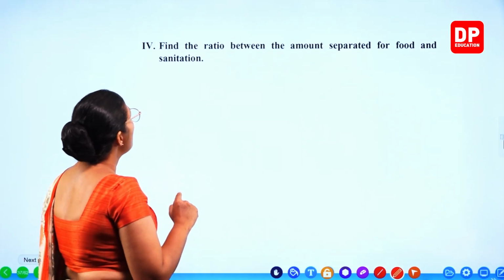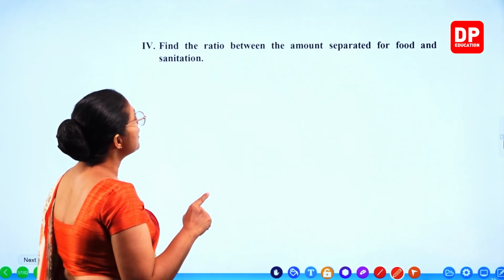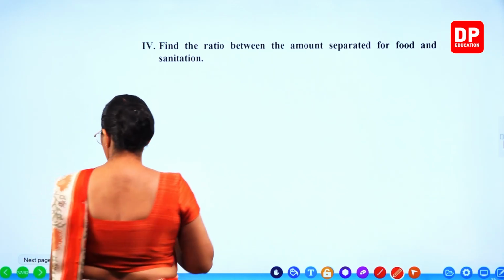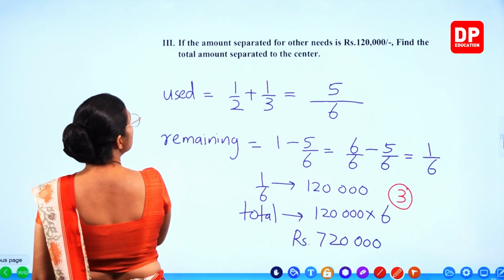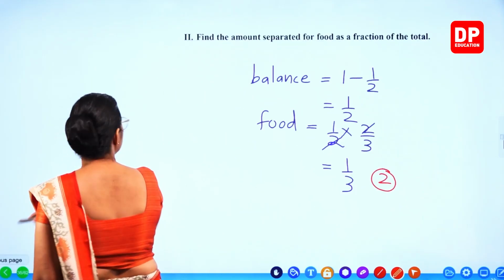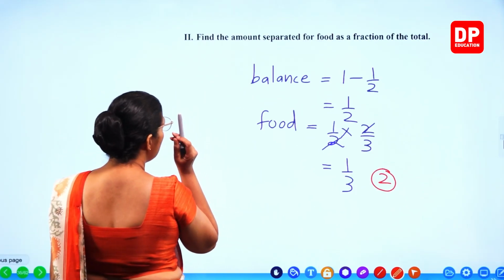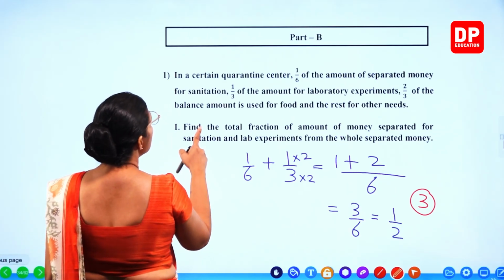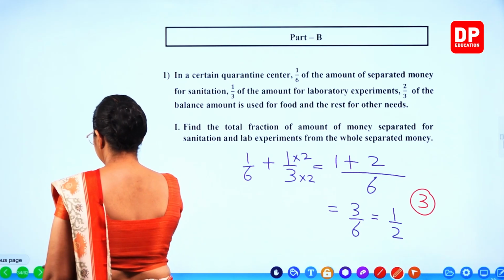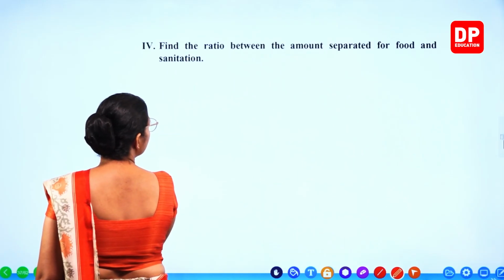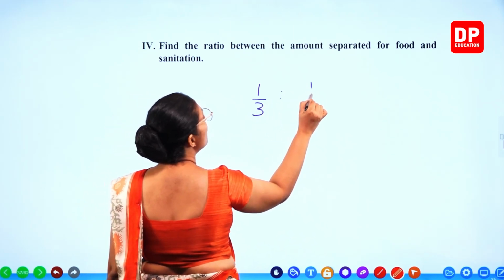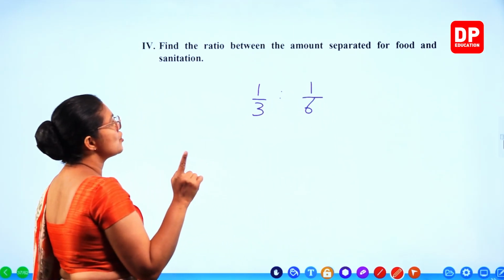Part 4. Find the ratio between the amount separated for food and sanitation. For food, it's 1/3. Let's check. Food, that's 1/3. For sanitation, it's 1/6. So the ratio 1/3 to 1/6, food and sanitation.